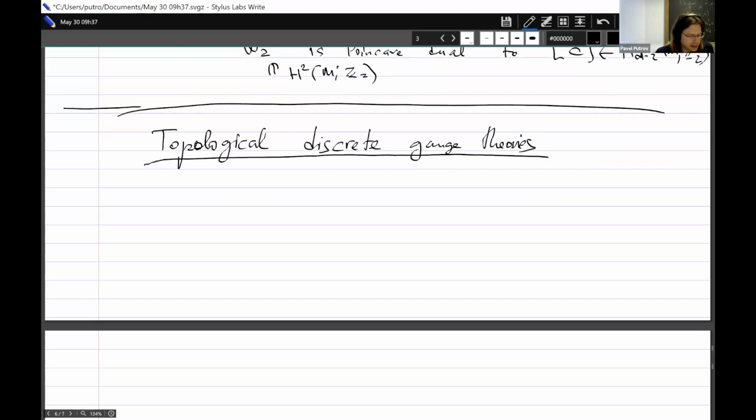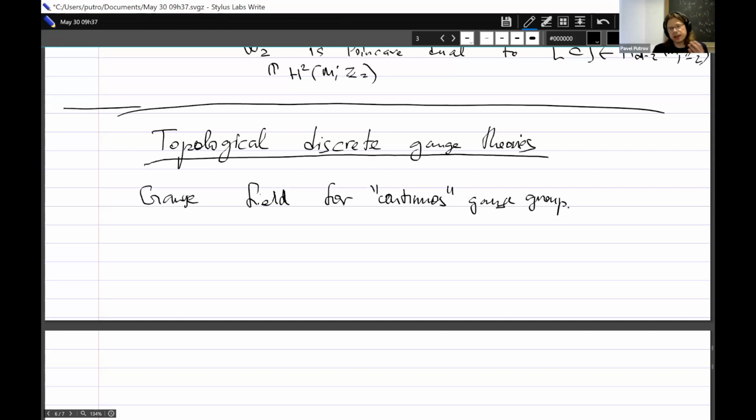So first let us review some basic concepts which appear in the usual gauge theory, where the gauge group is continuous, which means it's some sort of Lie group. In particular, we have a gauge field. What is the notion of the gauge field for a continuous gauge group?